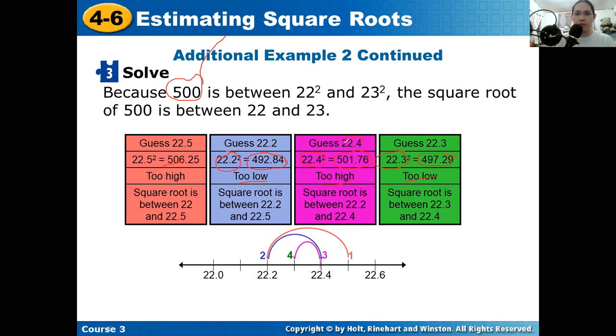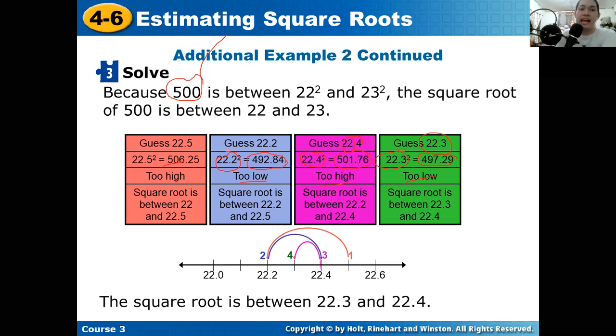That's why we will use 22.4 and 22.3 as our estimated values for the square root of 500. So now the square root of 500 can be located between 22.3 and 22.4. You can extend it if you want, in hundredths, thousandths, it depends.